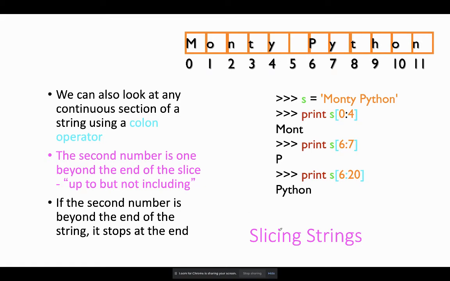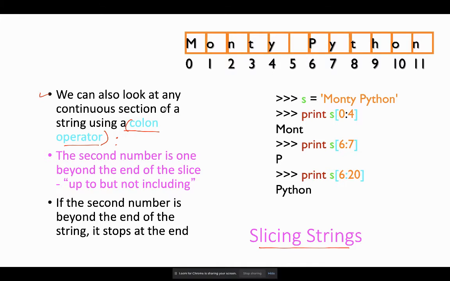So here you can see the topic is slicing a string. The first point says that we can also look at any continuous section of a string using a colon operator. So here the main operator which we are using is colon.